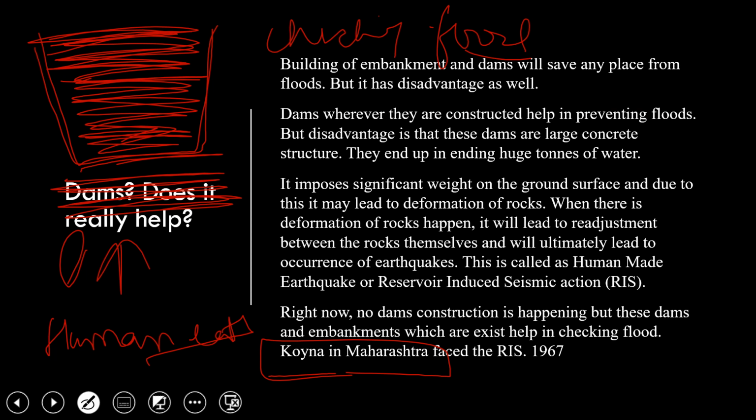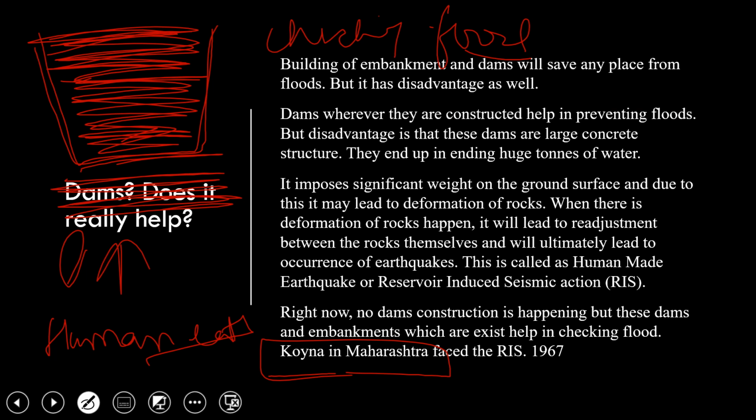So this metamorphic kind of situation can occur with the creation of a dam, because the pressure on that land will increase, and if the plate beneath the land of the dam is weak, then it will create a huge disaster. It will be a disaster for that area.